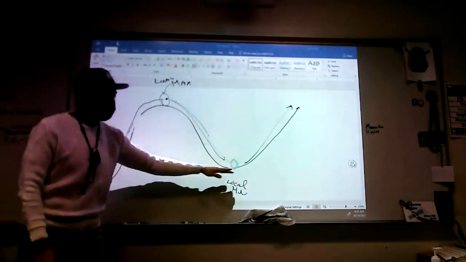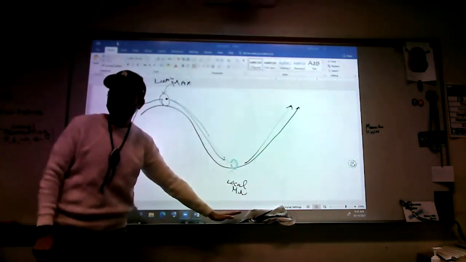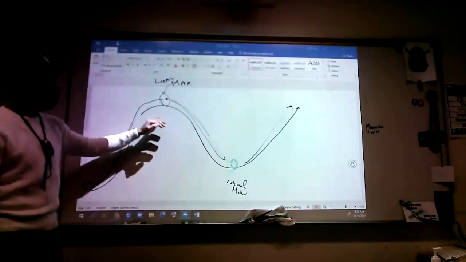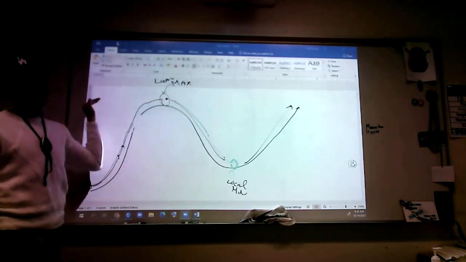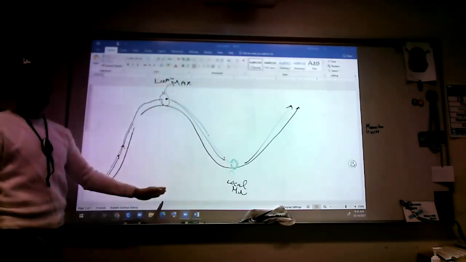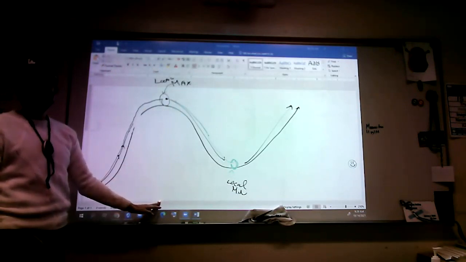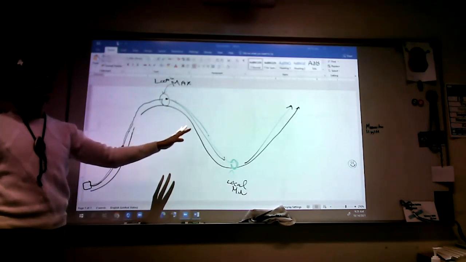Your local min is going to be your y value at whatever this x value is, and we'll do an example. Local max equals the y value at your x value. Okay? Questions on this sort of example here?